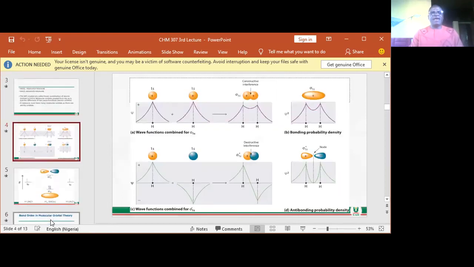Now, slide 5 tries to give you more structure of what we are talking about. A is about the wave function of the two 1s orbitals coming together to give you a bonding probability density. I gave you an illustration in terms of an egg. You have one egg and a second egg. You bring them together and the two eggs' edges are touching each other.